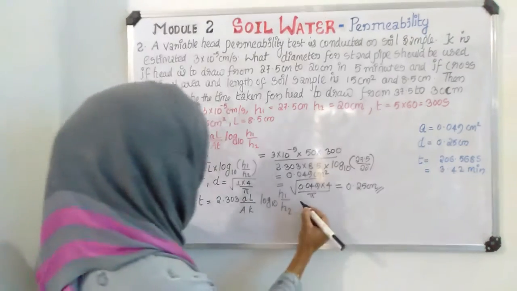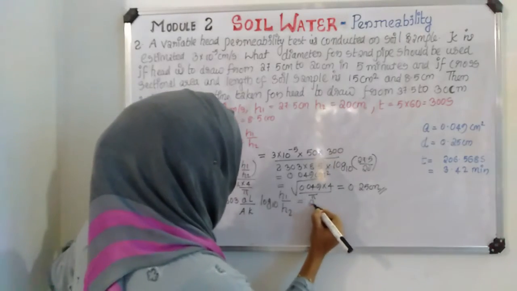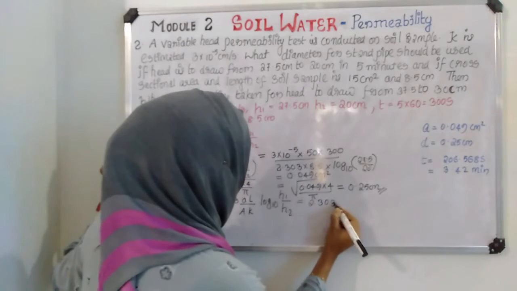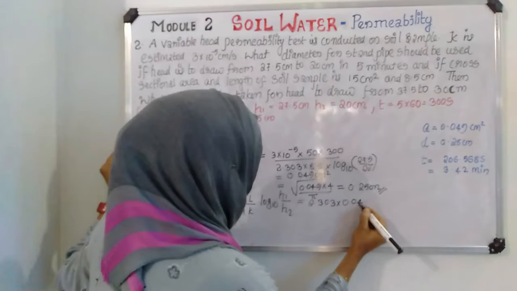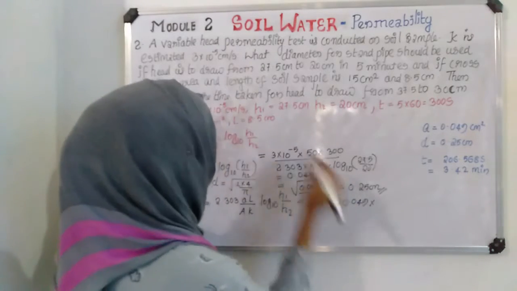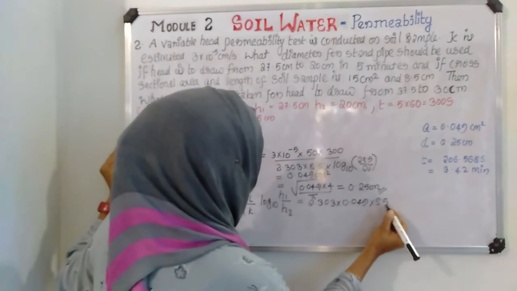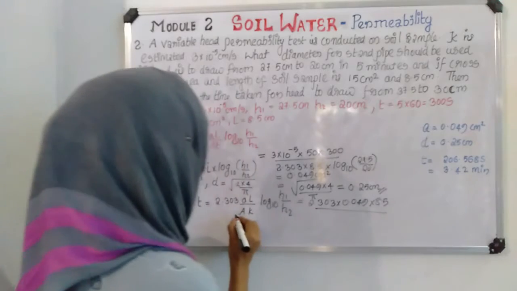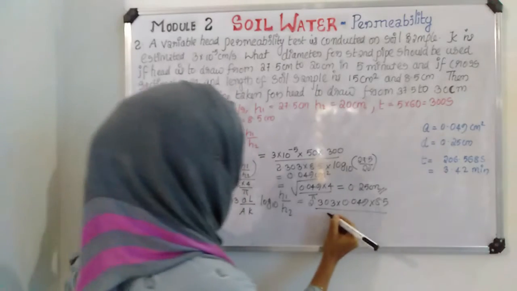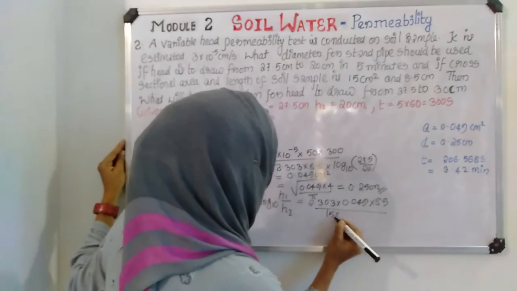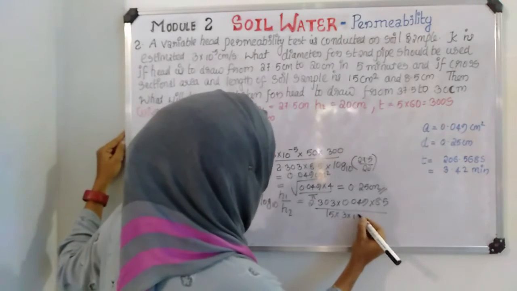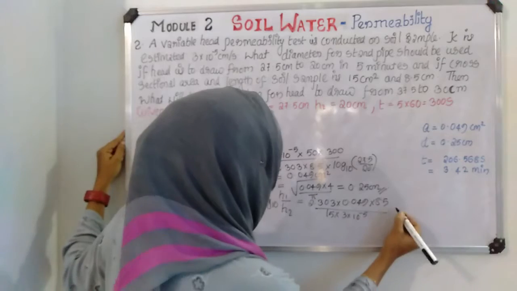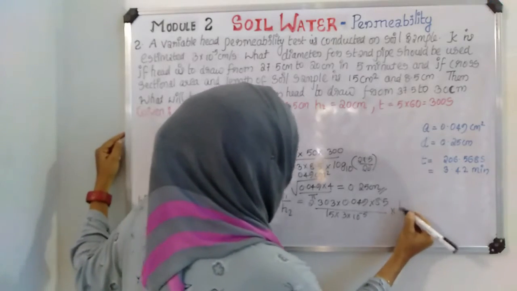Substituting in this, we are obtaining 2.303 into area 0.049 into length of sample 8.5, divided by area of cross section of the soil sample 15 into coefficient of permeability K 3 into 10 raised to minus 5, into log base 10.